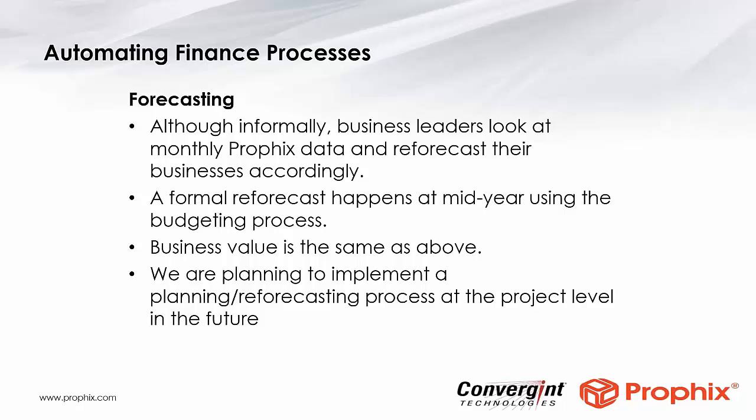And the business value is what we talked about before. We're looking at a future implementation to do that same planning, budgeting and reforecasting process at the customer project level. Right now, that is all done on cocktail napkins or spreadsheets that our leaders use. We're looking at using the power of Profix to do it in the future.